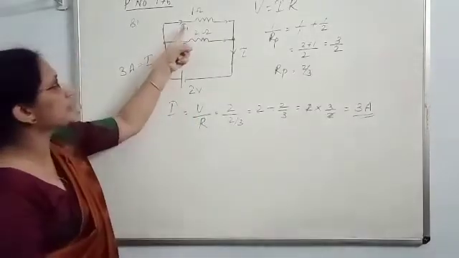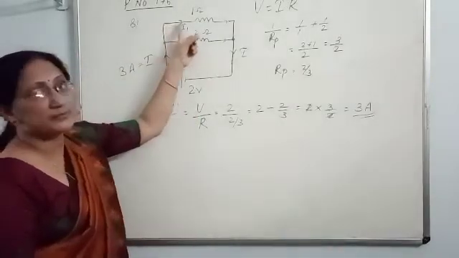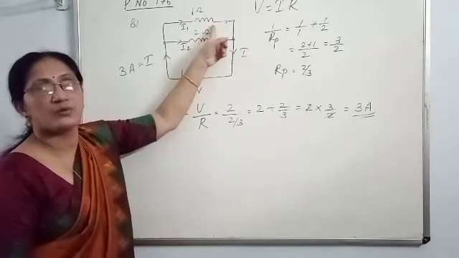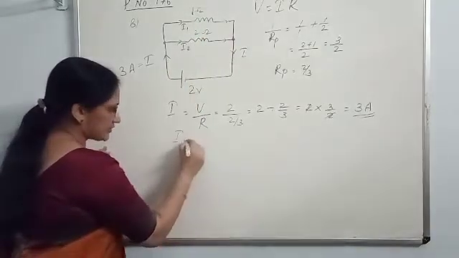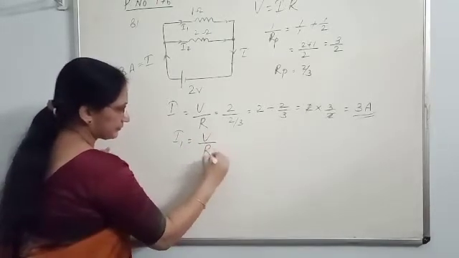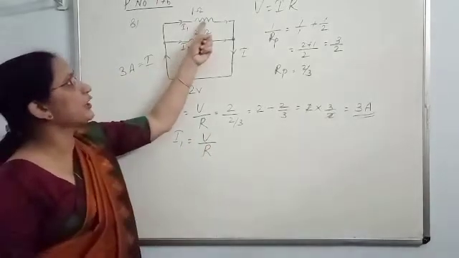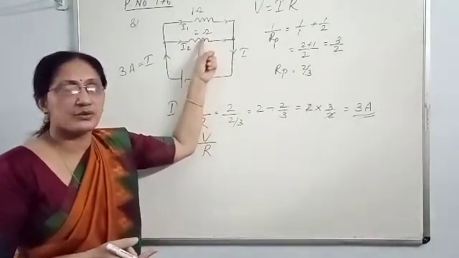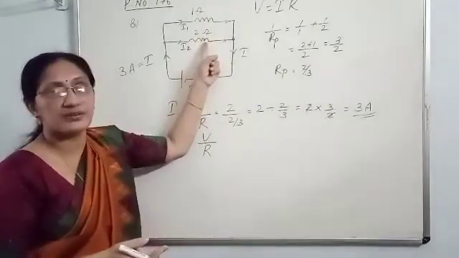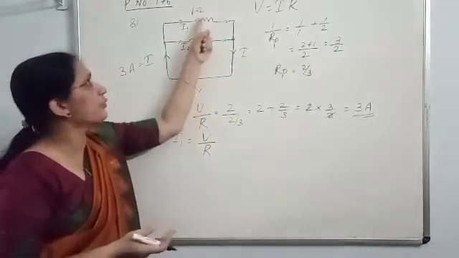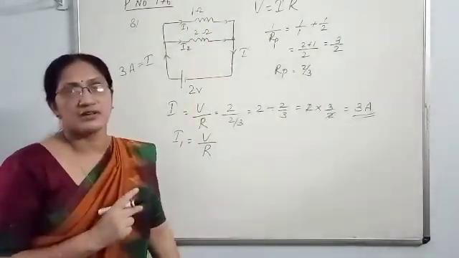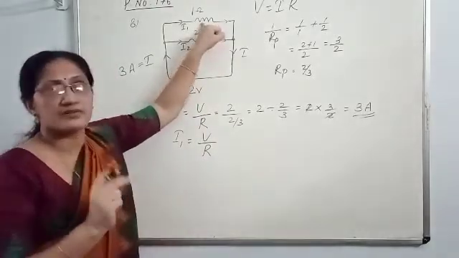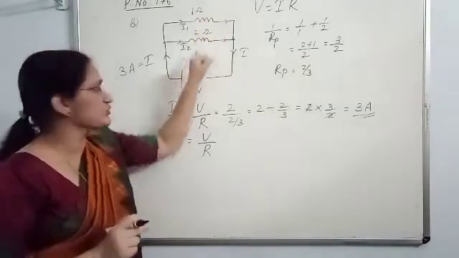Now, how will you find out current I1? I1 is the current flowing in this branch. So, how will you find out the current in that branch? Same formula, V by R. Then, how much is the V value for these resistors? You remember the characteristics of parallel circuit. When two resistors are joined in parallel to a cell, both the resistors will get the same volt. Since they have common terminals, this 1 ohm resistor will get a potential difference of 2 volt.